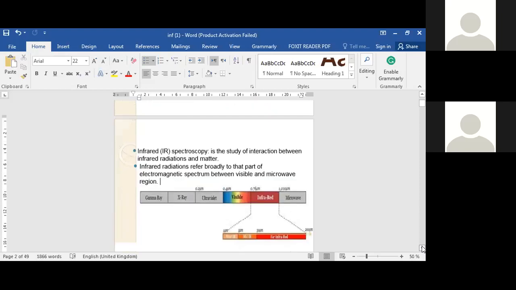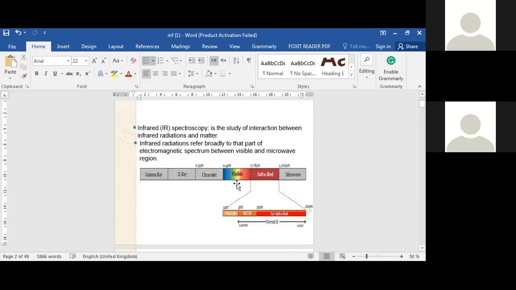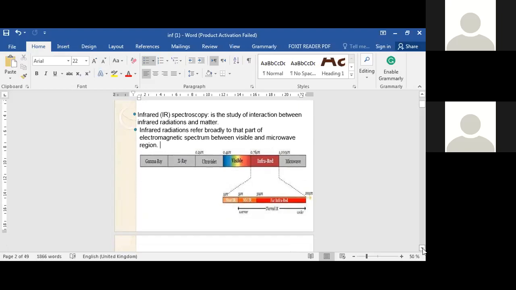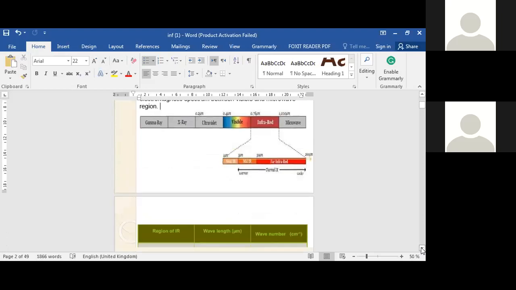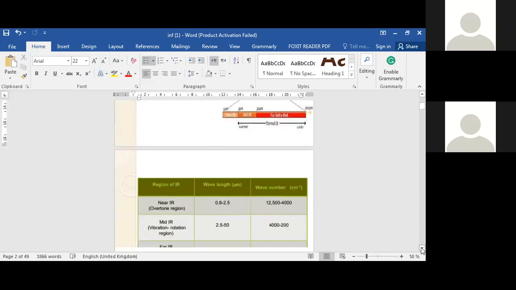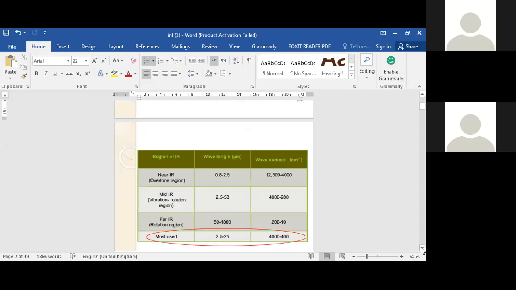Infrared region comes after visible region and before microwave region. And as I mentioned, it is longer wavelength than the UV visible region, I mean. IR refers to the region of spectroscopy between UV visible and microwave region, and it can be divided into 3 main regions or 4 regions.